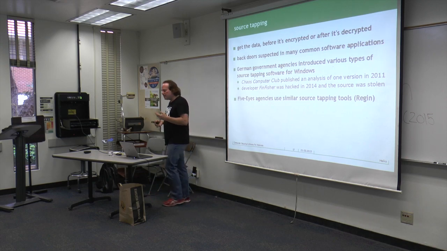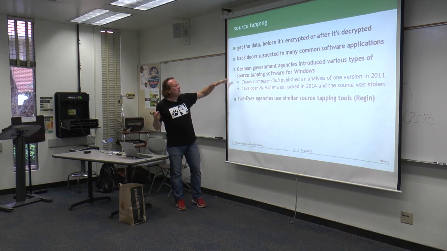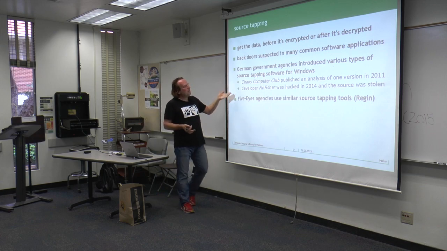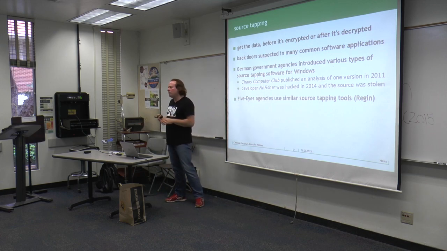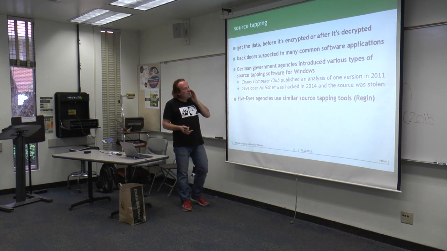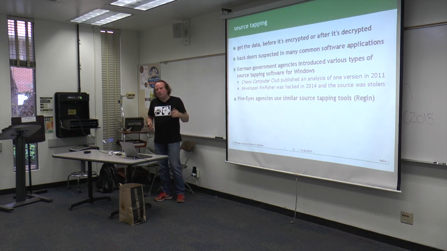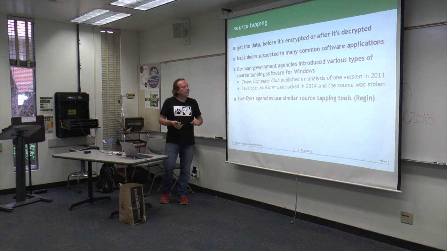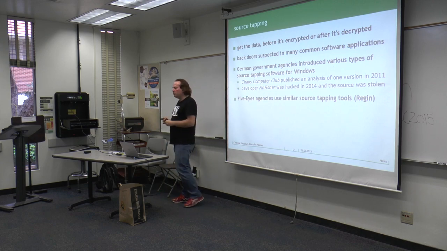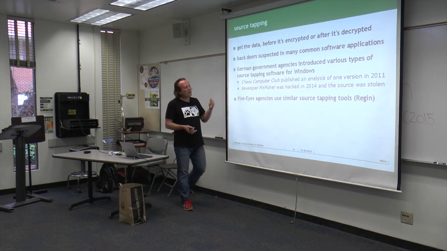And there's a lot of software which has already been detected in the last years. I'm talking a little bit more about Germany because I'm from Germany and I know what's going on there, but it's happening all over the world. There was a spy trojan developed by the German government, which was discovered by the Chaos Computer Club, a German privacy organization, in 2011, and some hackers were even able to hack into the company that created the spy trojan software in 2014.